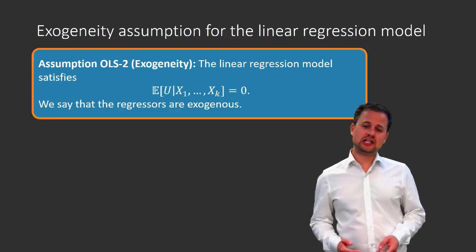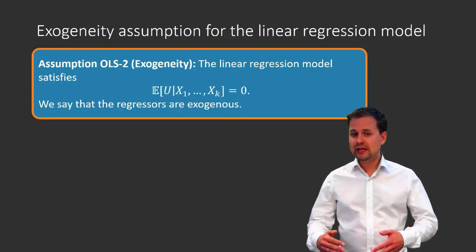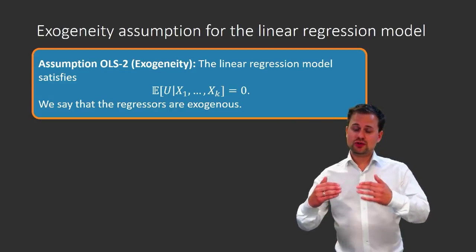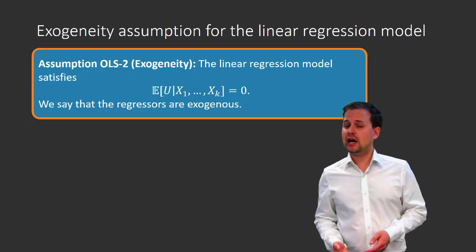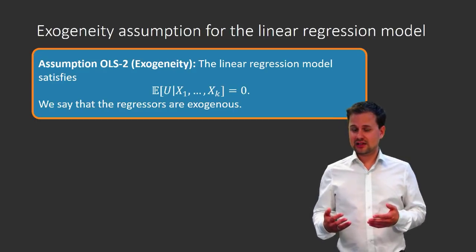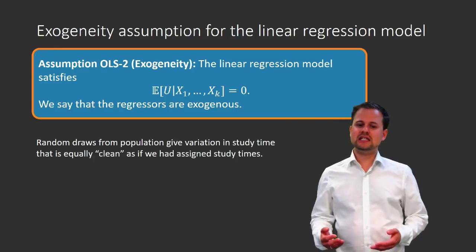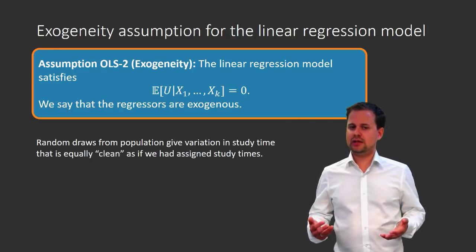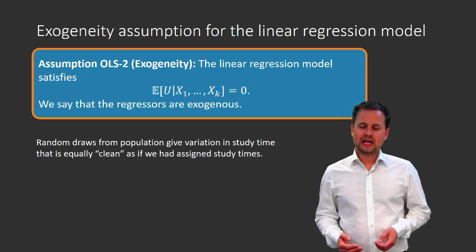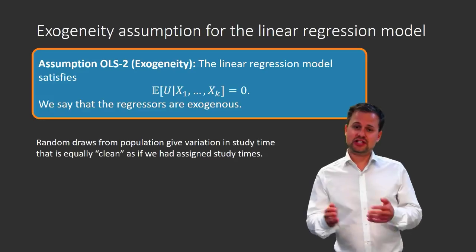Well, suppose that the exogeneity assumption is satisfied, then if we draw students randomly, then we will get students with different amounts of study hours, and this variation in study time will be guaranteed to be clean, clean of contamination by u, in the same way as if we had assigned students different study hours.